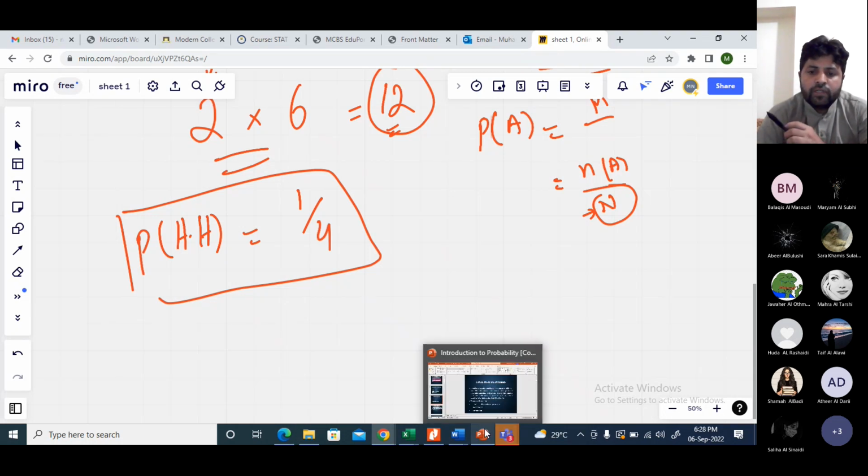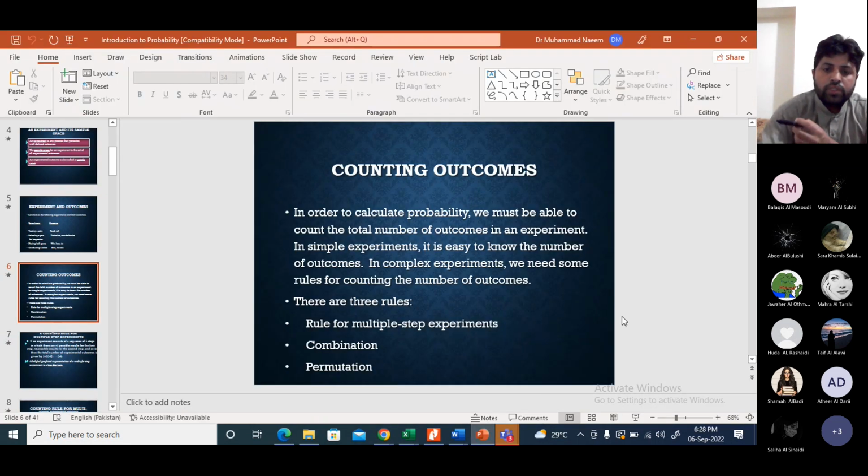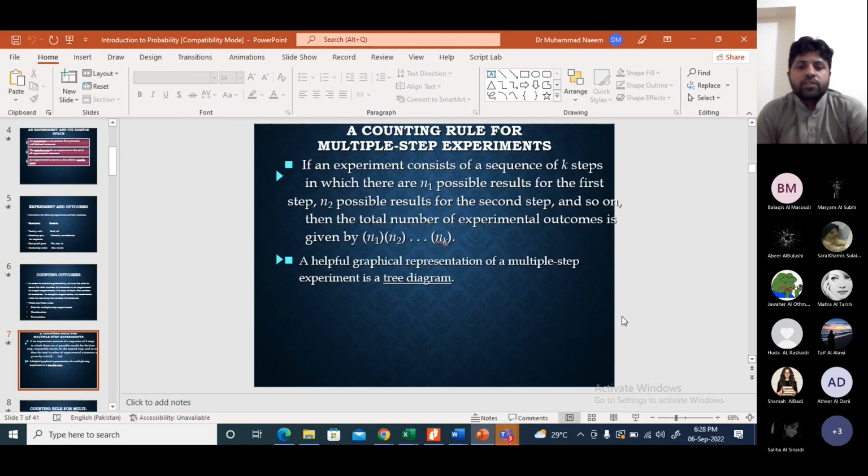Okay, and further I'm going to show you some examples and explanation, so you will easily understand the meaning of the multiple step experiment. If an experiment consists of a sequence of k steps in which there are n1 possible results for the first step and n2 possible results for the second step, and so on, then the total number of experimental outcomes is given by n1 multiplied by n2, and so on.